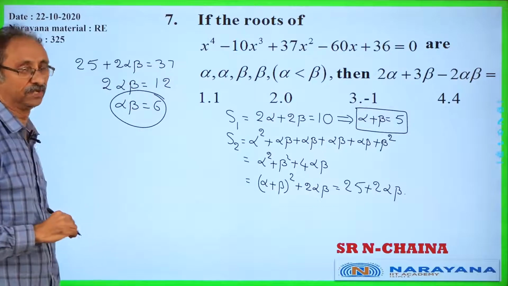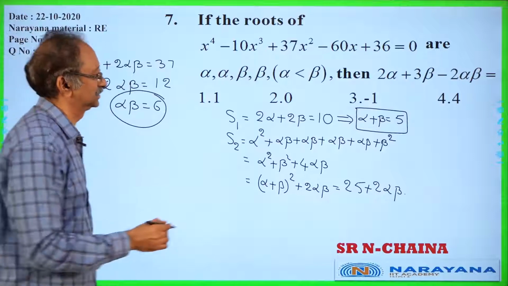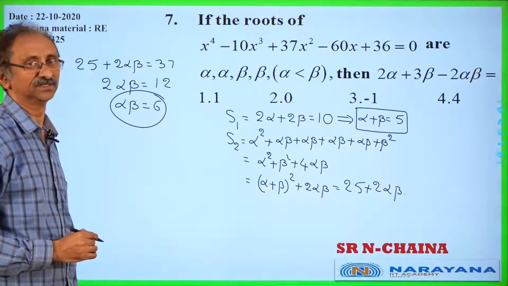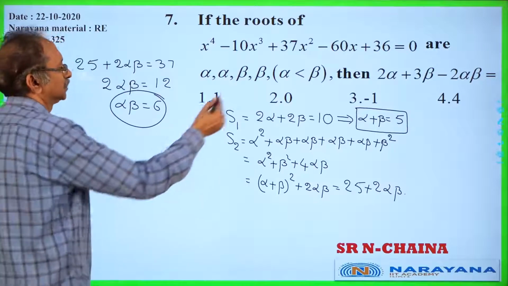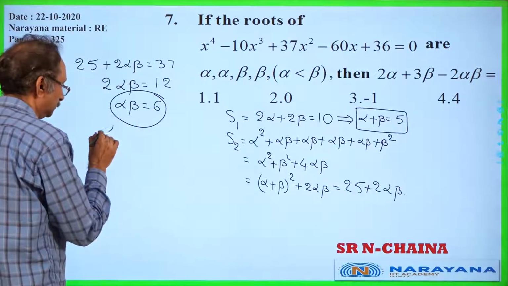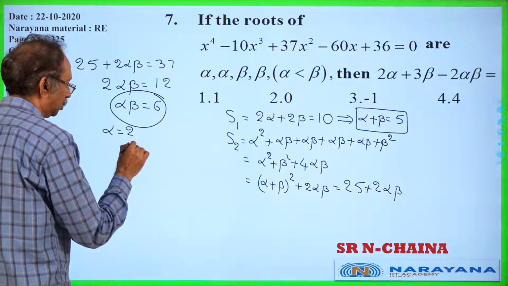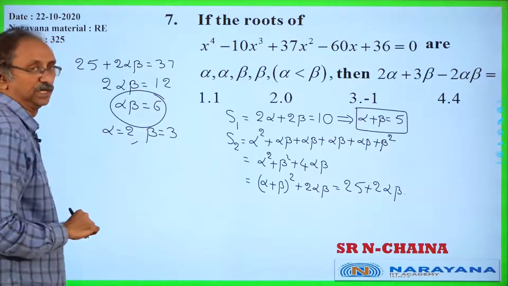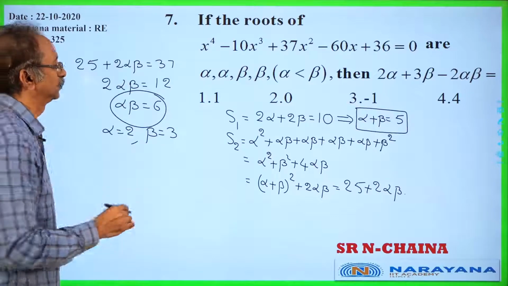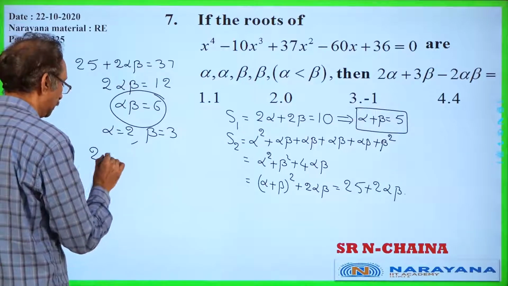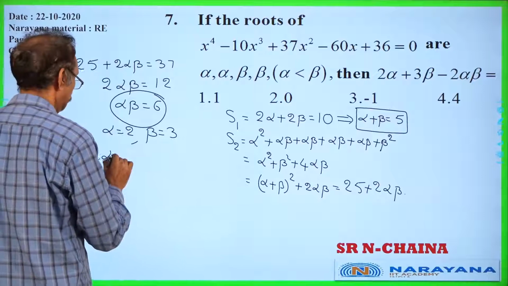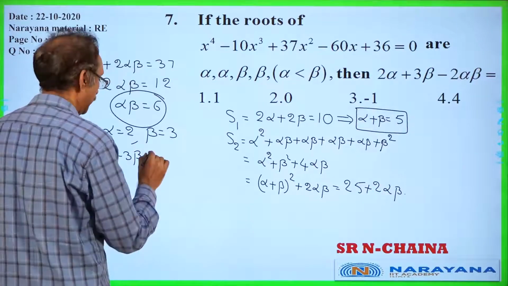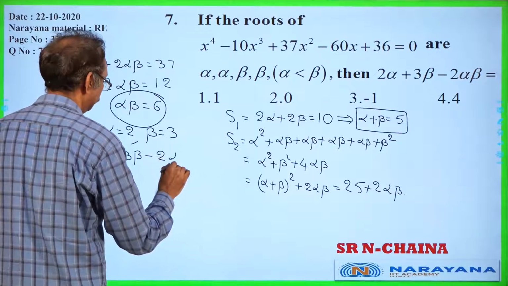So, there are two numbers whose product is 6 and whose sum is 5. Clearly those two numbers are 2 and 3, because alpha is less than beta, the smaller number is 2 and the bigger number is 3. So, what is the question? 2 alpha plus 3 beta minus 2 alpha beta.